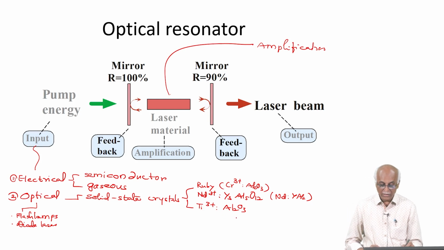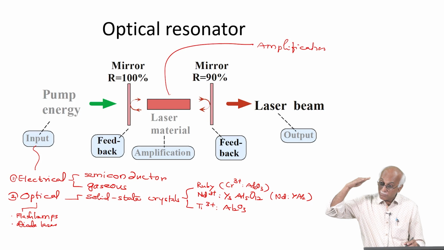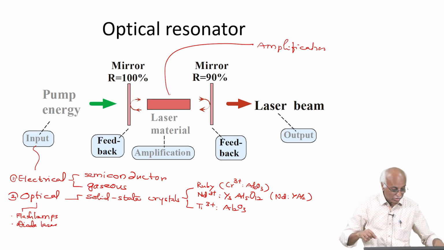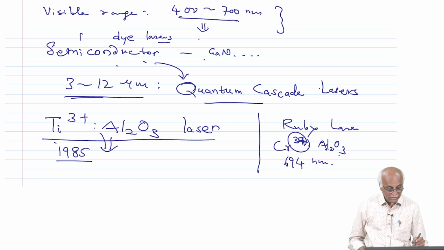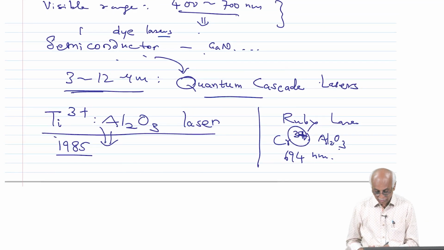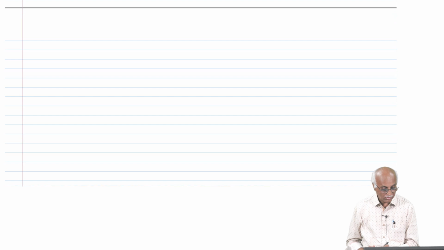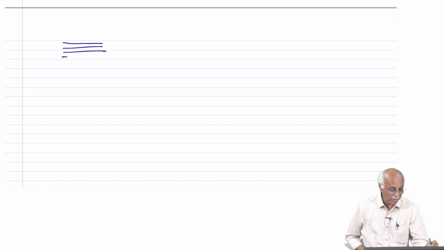So, this medium has the characteristic that it has many vibronic bands, and that allows tunable laser output. It has many vibronic bands, upper pumping level as well as the ground level.